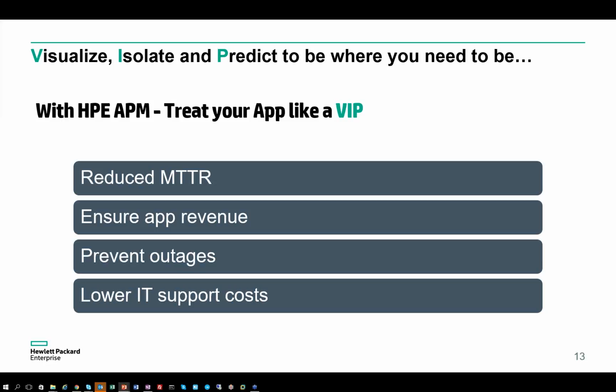You would like to experience a reduced MTTR. A solution should result in faster isolation and repair of issues. You should be able to keep your customers happy with a very low abandonment rate. And finally, you should have the ability to prevent outages that affect users and implicitly lower your IT support costs.